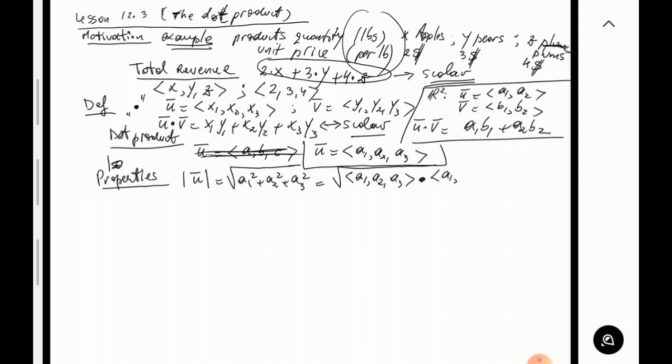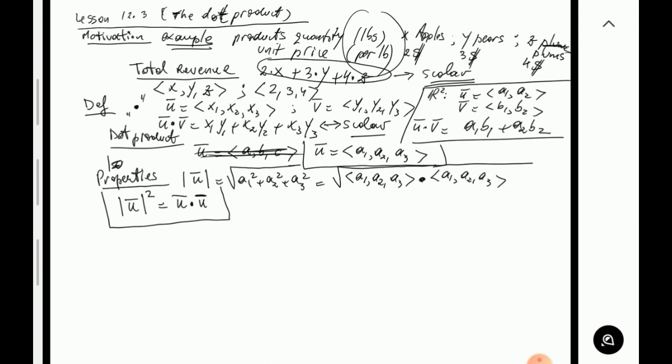If you follow through with the definition of the dot product of the vector with itself, you're going to end up with a1 squared plus a2 squared plus a3 squared. Now if I square both sides, that means the magnitude of a vector to the power 2 is always the dot product between the vector and itself. That's a very nice property to keep in mind, which sometimes simplifies the computation, depending on the context.